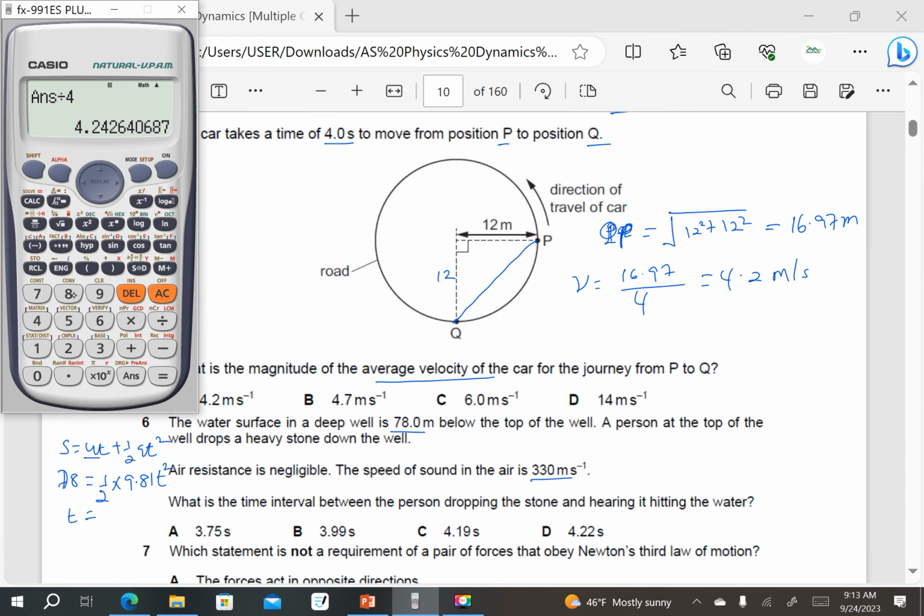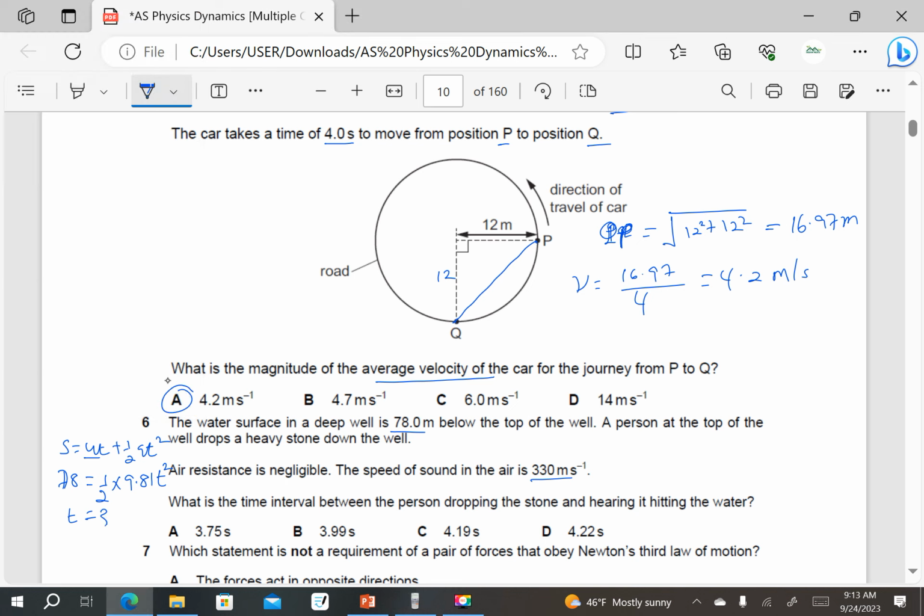So we're going to have 78 times 2 divided by 9.81, square root of the answer. I'm getting 3.99. So the time is 3.99 seconds to hit the water.